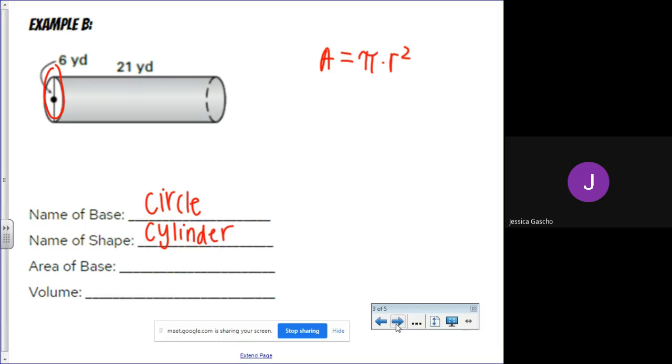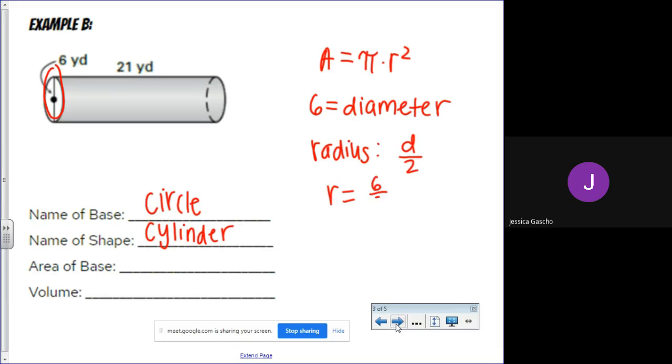If we look at that circle, the dimension they give us is 6, but that goes all the way across. So 6 is really the diameter. In order to find the radius, we have to divide the diameter in half. So my radius is actually 6 over 2, which is 3 yards. So in order to find the area of just that circle, I'm going to do pi times 3 squared.